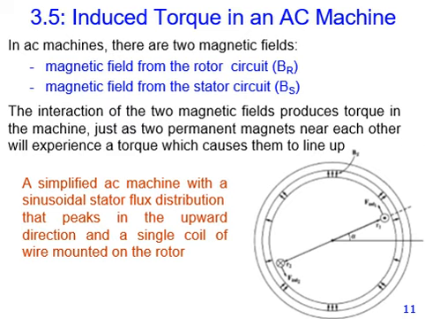The stator flux distribution in this machine is Bs(alpha) equal to Bs sine alpha, where Bs is the magnitude of the peak flux density, and Bs(alpha) is positive when the flux density vector points radially outward from the rotor surface to the stator surface.